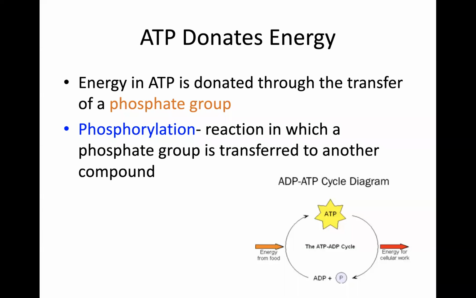ADP exists and it becomes ATP during this cycle, in which another phosphate group is transferred to this adenosine diphosphate, and it becomes adenosine triphosphate. And this now becomes energy that is available to do work.